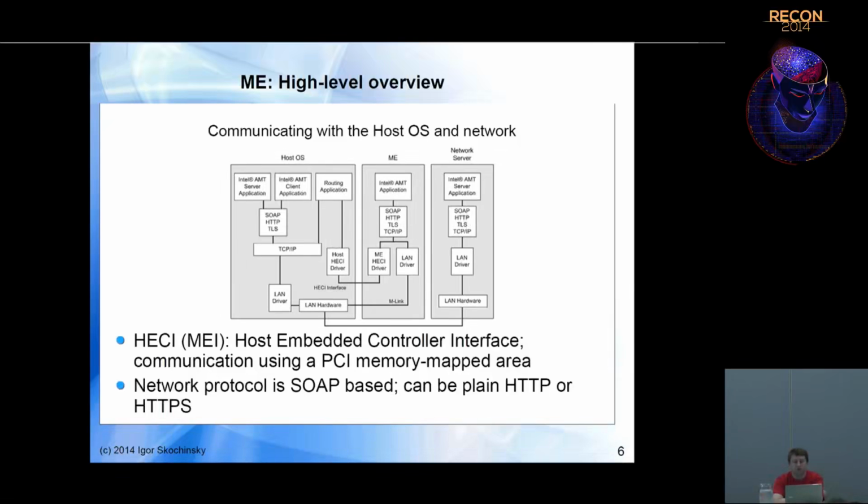However, it can also communicate bypassing the main CPU. It can communicate directly using the dedicated network card interface with the outer world, the network. And that interface over the network is for some reason SOAP-based. It can use HTTP or HTTPS, depending on what you prefer.